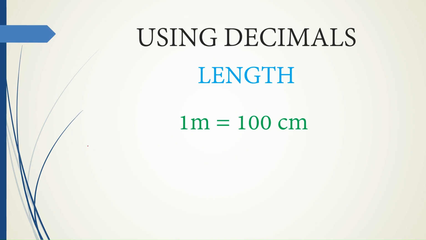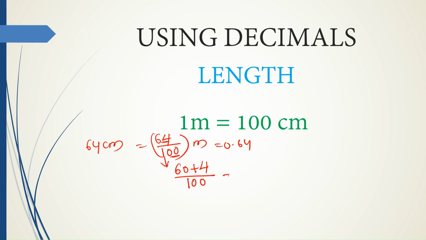Now let us consider 64 centimeters. So this is nothing but 64 upon 100 meters. Either we will directly use this, like two zeros here and two digits here, directly we can write this, or consider converting them into place values. In that case, we should have only one digit in the numerator. For that, we write 64 as 60 plus 4, and then we'll separate these two, 60 upon 100 plus 4 by 100.